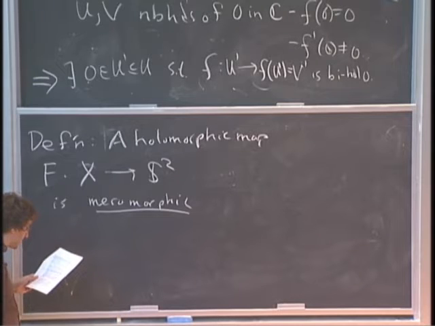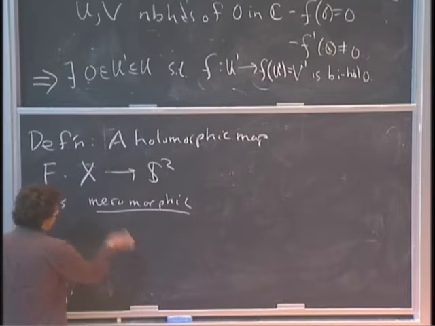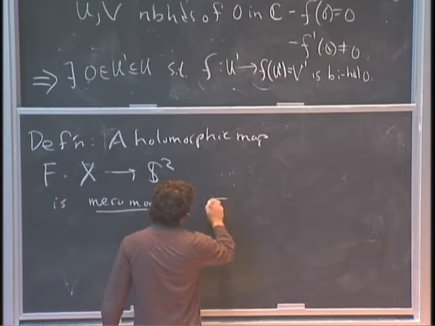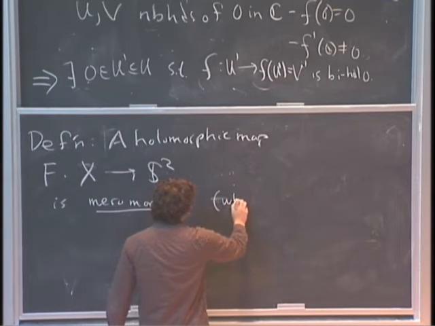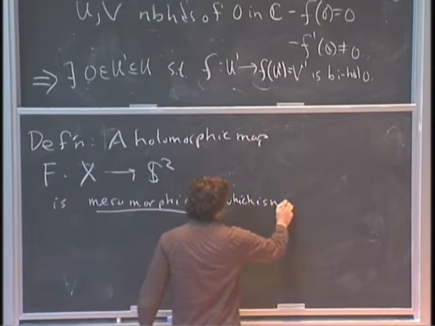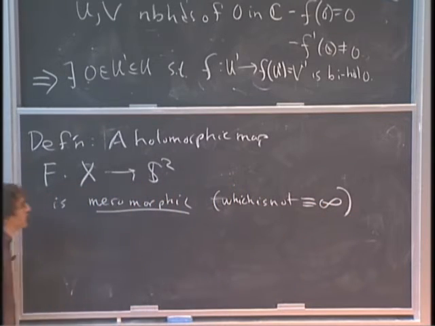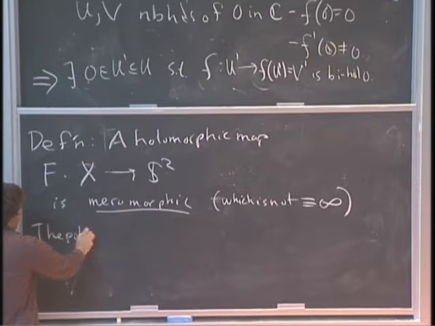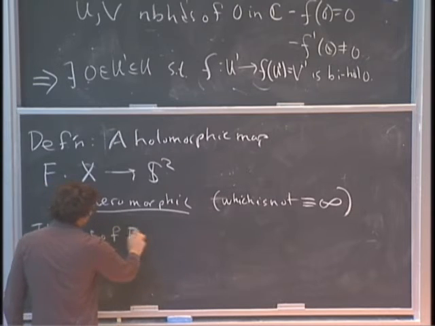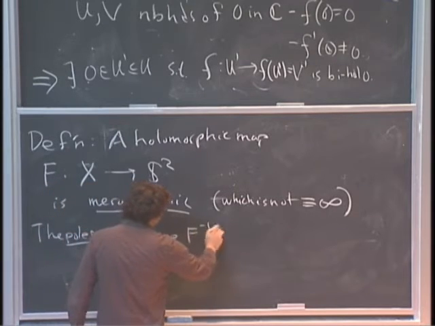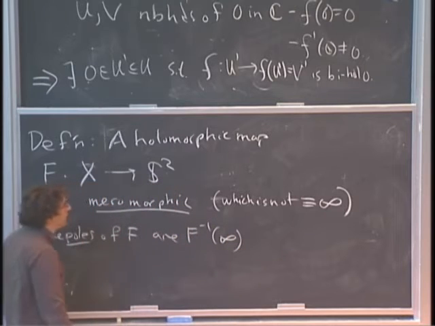And the technical point is that it is not the map that maps everything to infinity. That should not be considered a meromorphic function. So the poles of F are the preimage of the point infinity, and by assumption, they're not everything.